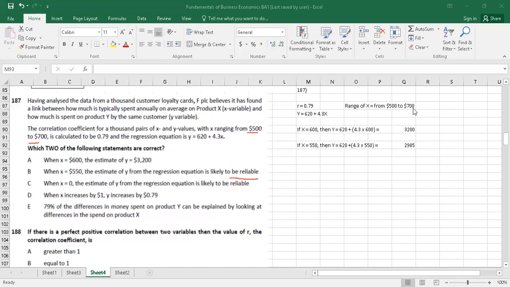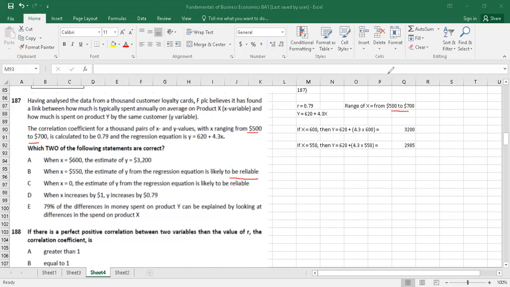A, anyway, the calculated value is correct. B, the calculated value is 2985. Of course, they have not asked us to calculate what is the estimated value, but they want to define that the regression equation is likely to be reliable. Why is it likely to be reliable? Because the value of x falls within the range of 500 to 700.